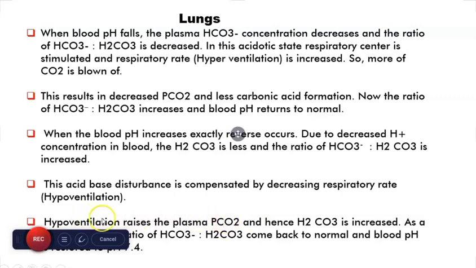So what will happen now? There will be more pressure of CO2 and water to form this acid. It will be increased in the body, so as to balance the body to return to the normal ratio of conjugate base to acid, with the body returning to the normal pH of 7.4.